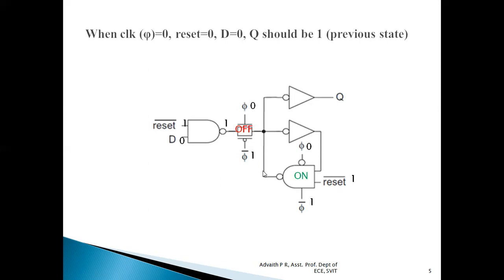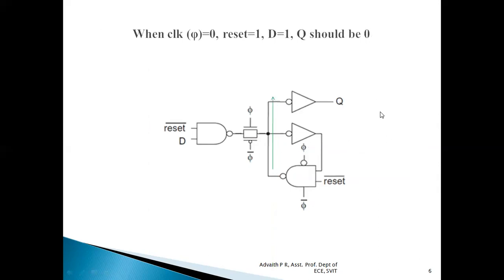It is open circuited. Whereas previously logic level 1 was stored over here, the previous value. 1 NAND with 1 is 0. So this 0 will be transferred over here. Inversion of 0 is 1, which is the previous state value.